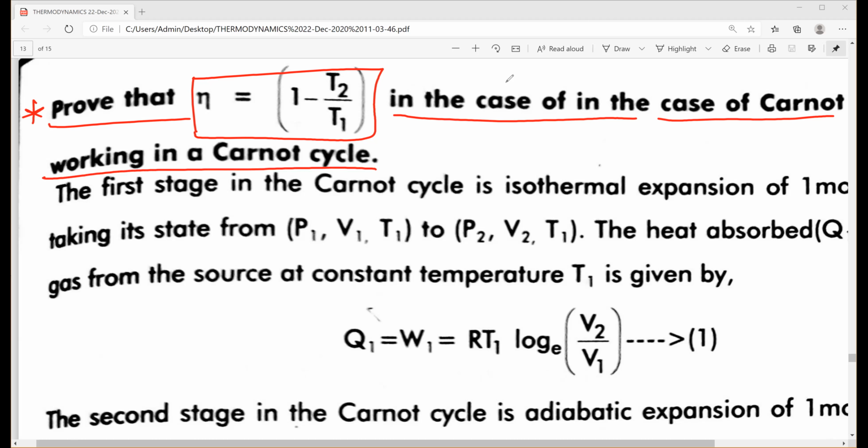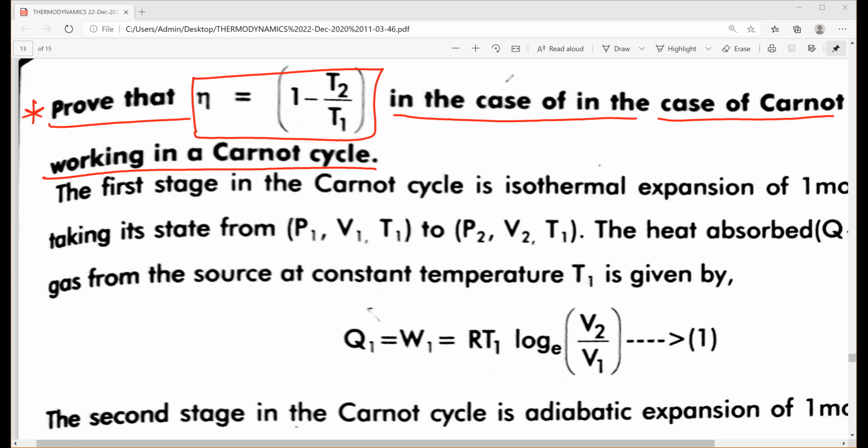If asked to prove the equation eta is equal to 1 minus T2 by T1, how do we represent it? We did this earlier by the graphical method. We can also prove it by derivation: prove the efficiency eta of the Carnot cycle, eta is equal to 1 minus T2 by T1.